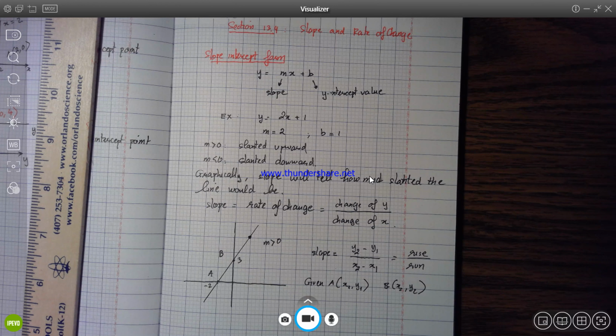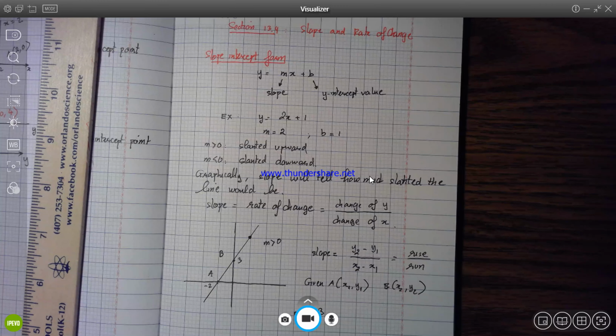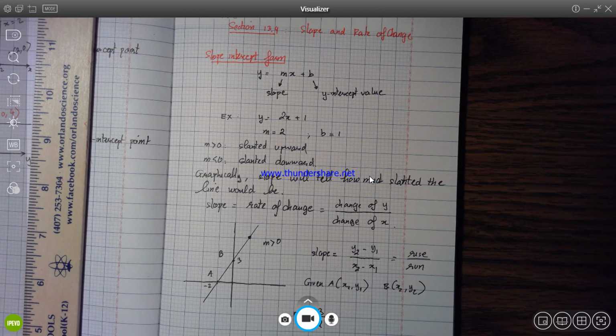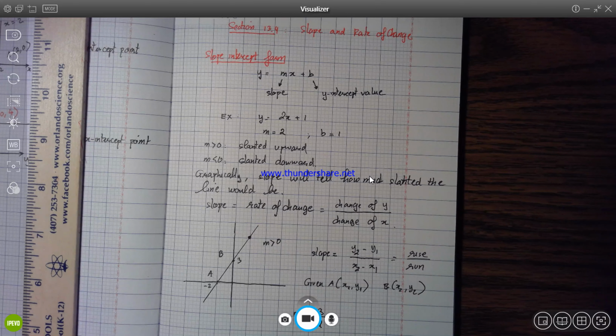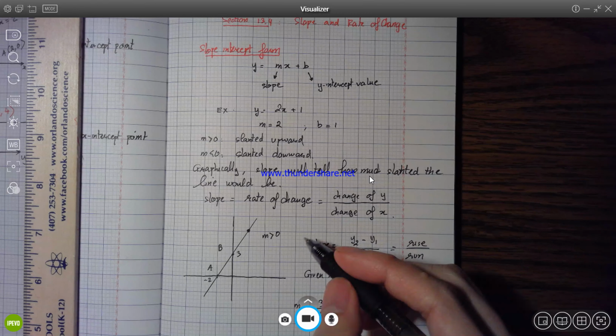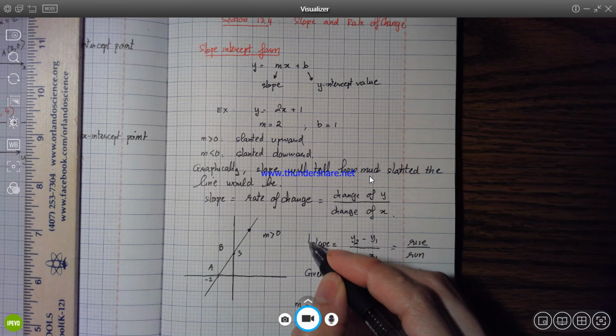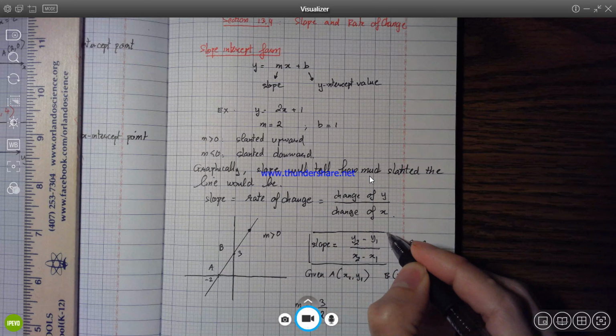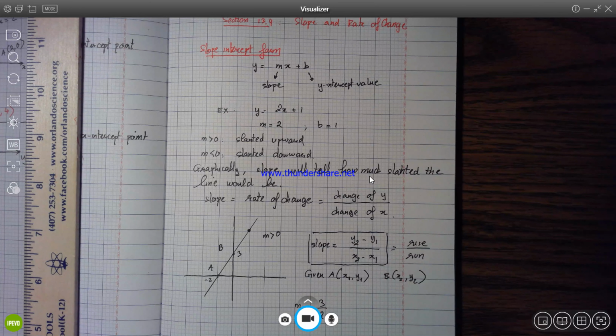Then you know right away the slope in this case, m, will be equal to what? Rise 3, going to the right 2. So the slope over here will be 3/2. Or if you use this concept, y2 minus y1, you can also get the m.